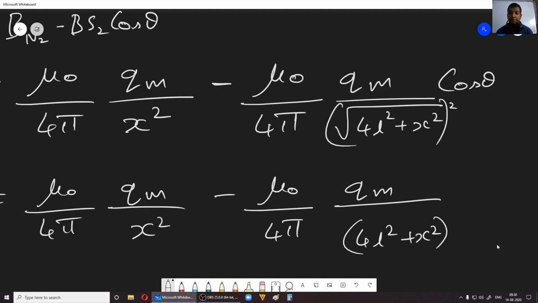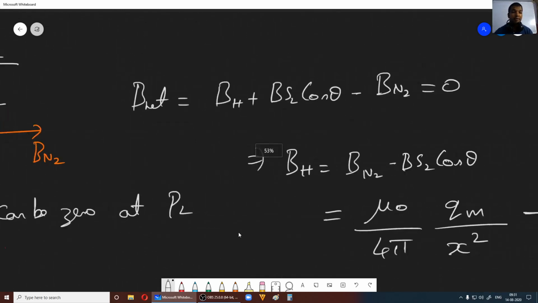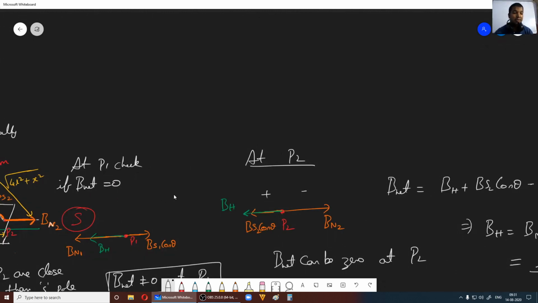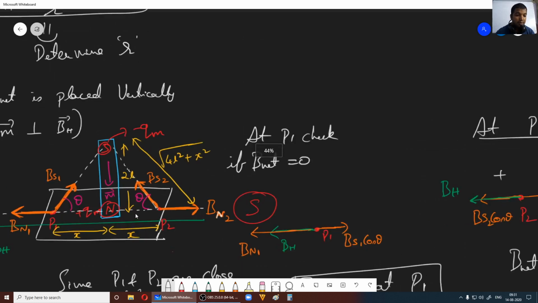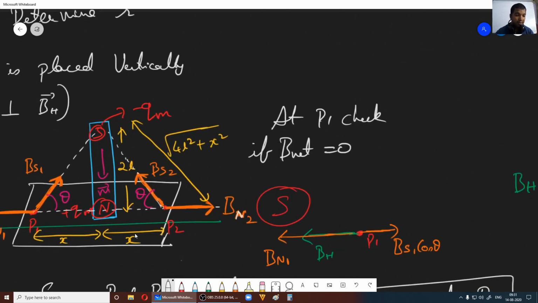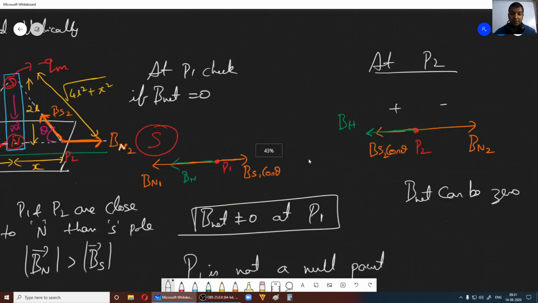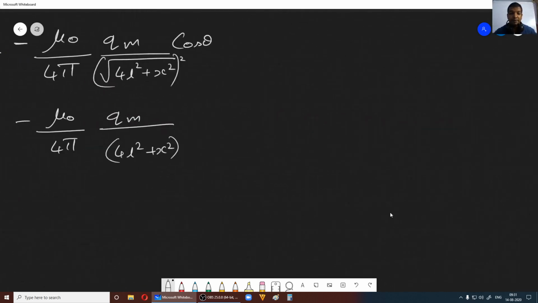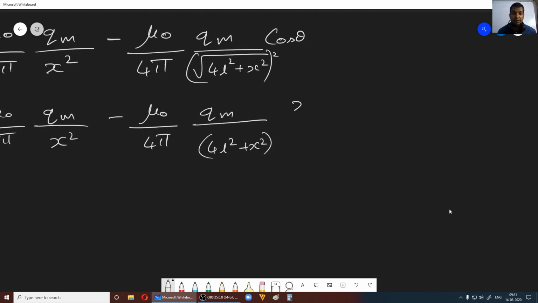Then times cos theta. Now cos theta, you can see from the diagram, if you observe this triangle, is given by x divided by root of 4l square plus x square. So this is the result.